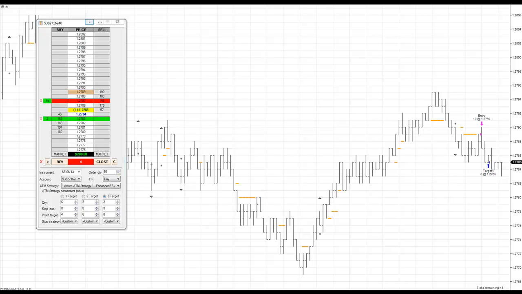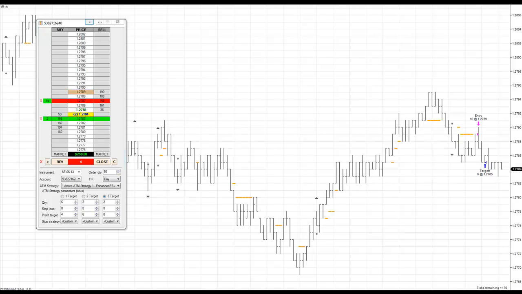Got slow, but that's okay. That's trading. Sometimes the market's moving really fast, and other times they're just kind of slow. So we just wait on the market, wait for the trade to come to us.